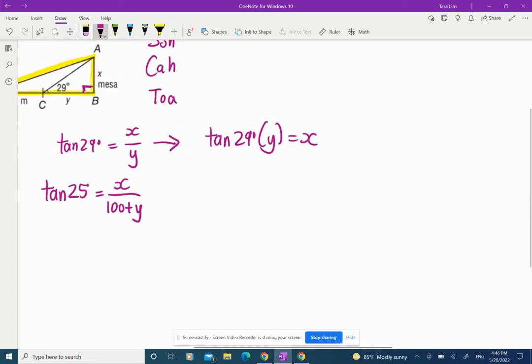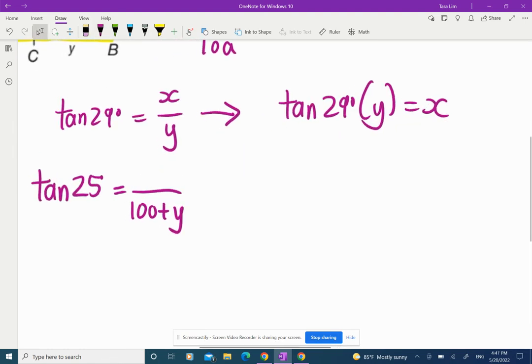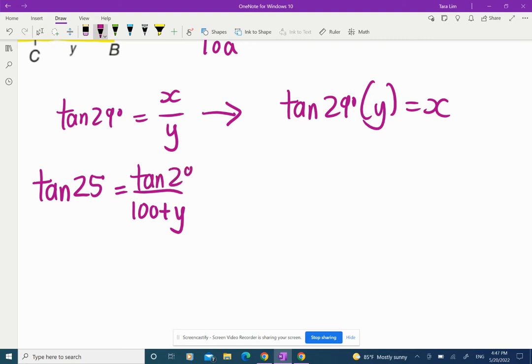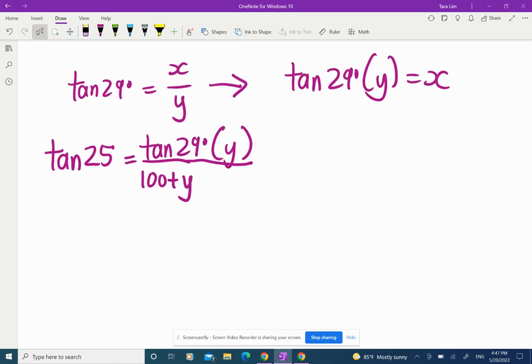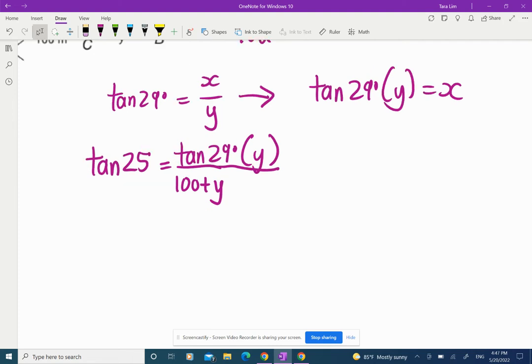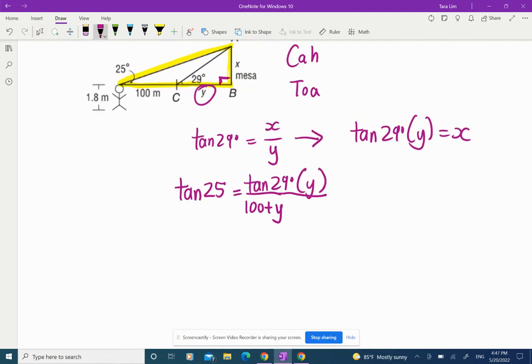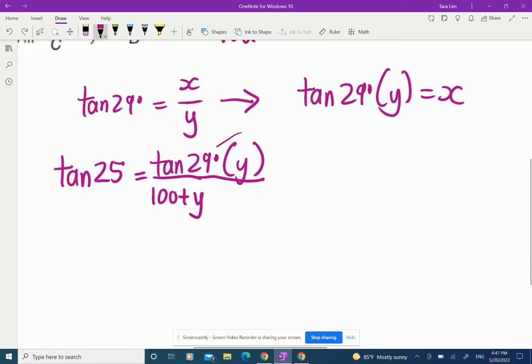And I'm going to substitute this into this so that there are no more x's, just y's. So this is going to be equal to tan 29 degrees times y. I'm sorry, this is a little messy. But yes, now we can solve for y. And after solving for y, we can substitute the number for y and then solve for x. So we can just focus on y.